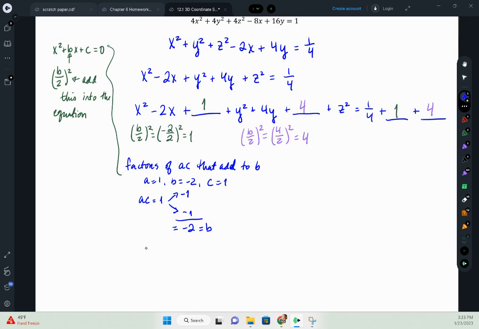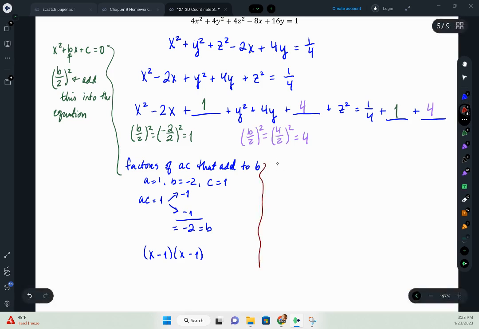So that's how I'm going to work the factoring on that one. I know that it's going to factor as x minus 1 times x minus 1, since minus 1 and minus 1 were the factors of AC that add up to B. I do the same thing for the y squared plus 4y plus 4. Here A is 1, B is 4, C is 4.